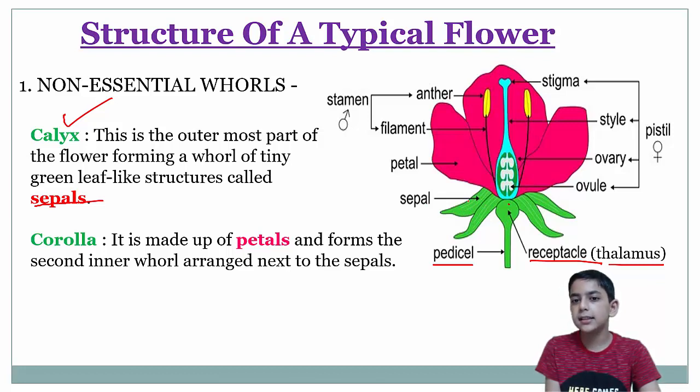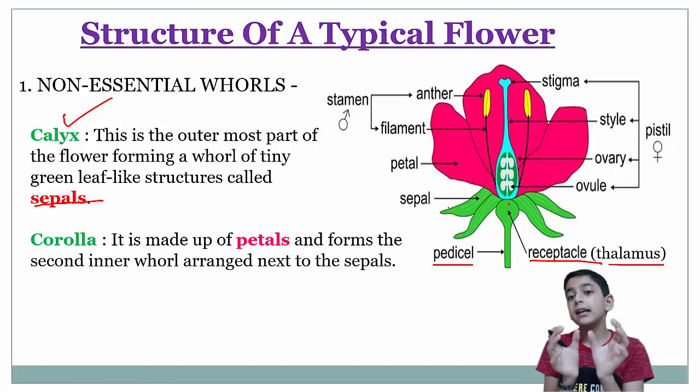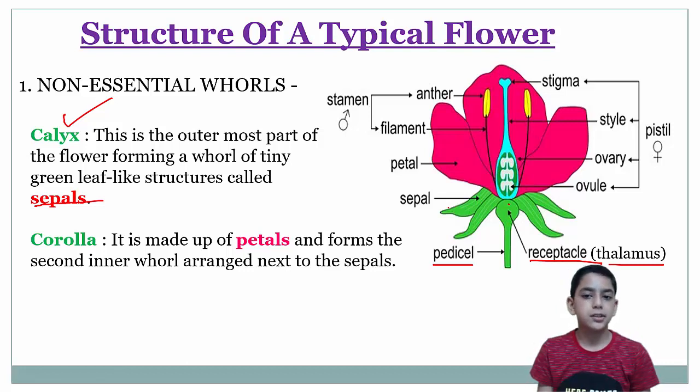We can see that they are tiny and green. They look like leaves, but they are not leaves. They are tiny green leaf-like structures, and they are the first whorl of a typical flower.